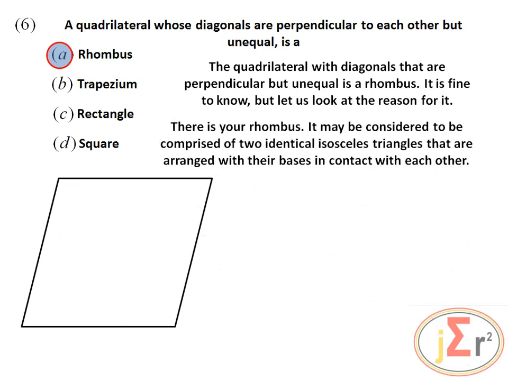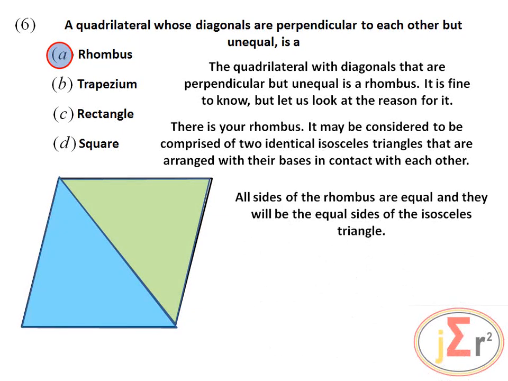There is your rhombus. It may be considered to be comprised of two identical isosceles triangles that are arranged with their bases in contact with each other. All sides of the rhombus are equal and they will be the equal sides of the isosceles triangle.